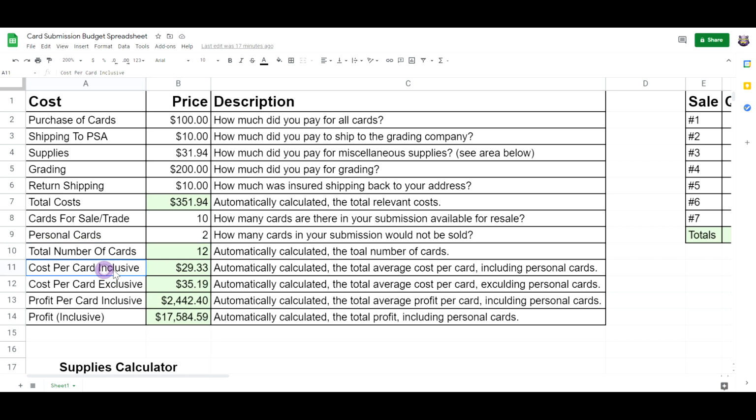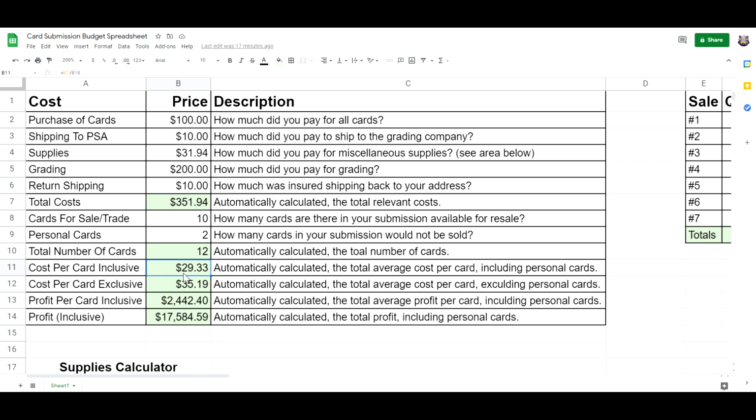So inclusive technically lowers the cost per card, but the total number of costs stays the same, right? It's going to cost me the same amount anyway, but inclusive of my personal cards, it just basically helps spread the cost out over more cards. Bear in mind, at the end of the day, if I'm not planning to do anything with these two cards, this amount times 2 is what I technically get stuck with, right?